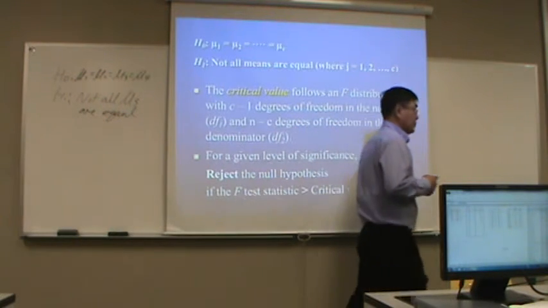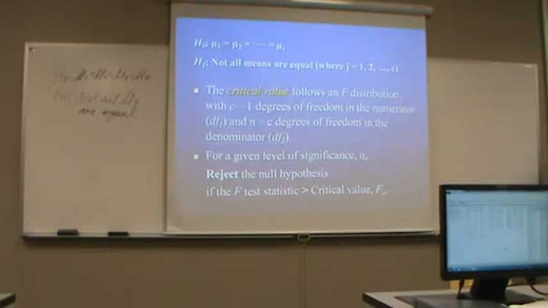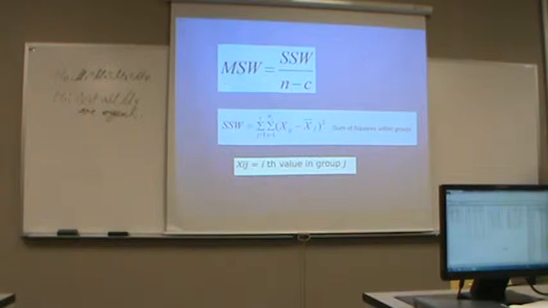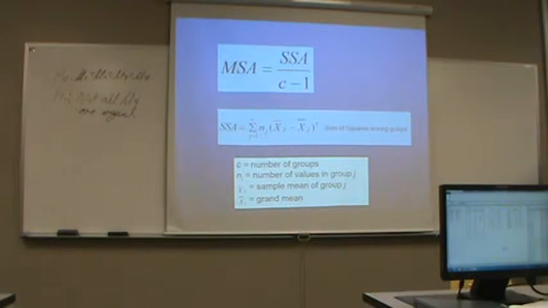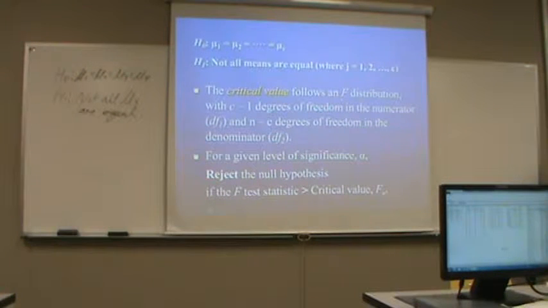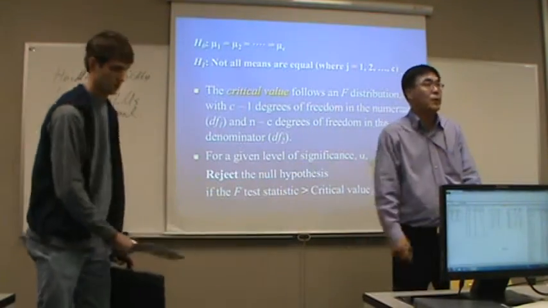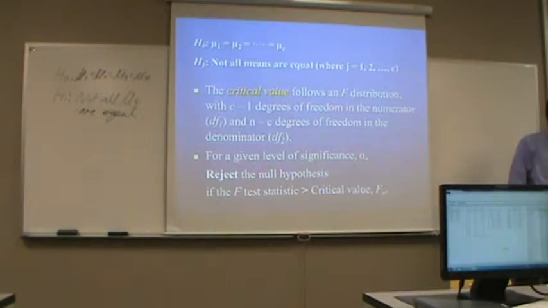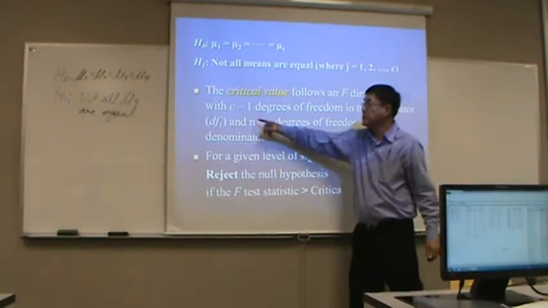And then the test statistic is MSA over MSW, this one. The critical value is from F distribution with df1 and df2. df1 is C minus 1.